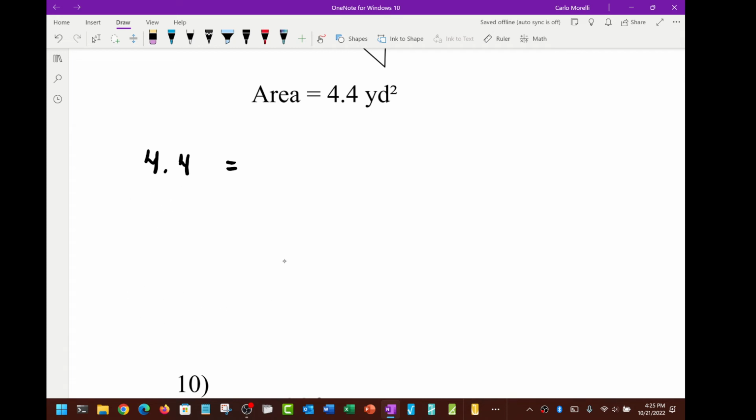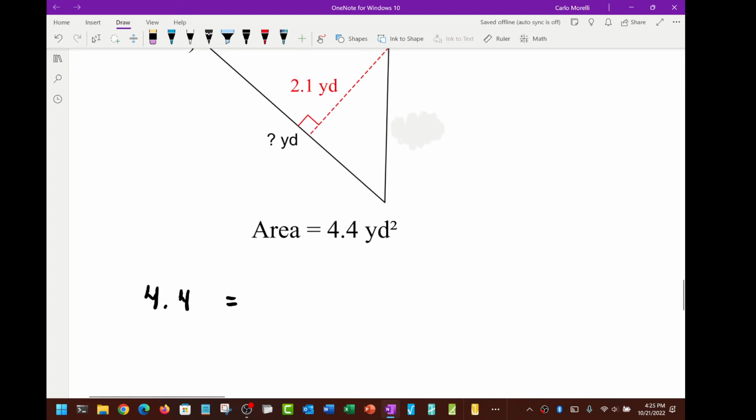Okay, let's go back here. So the mistake occurred very early on in the problem. I had 2.1 yards times something we don't know, the base.